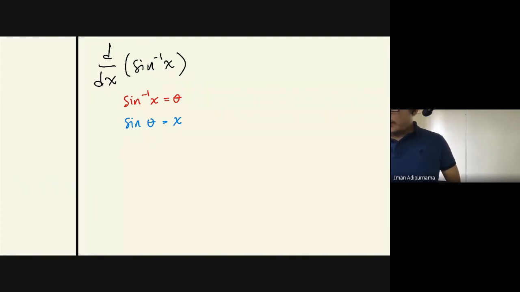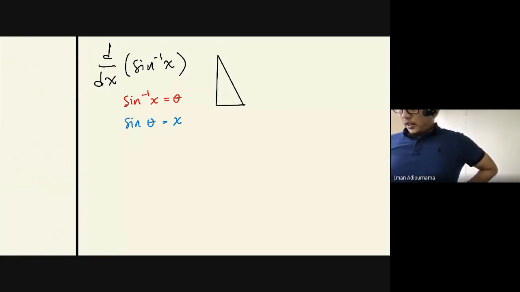Maybe draw the triangle to help you solve. So sine is x over 1, and this side is the square root of 1 minus x squared.